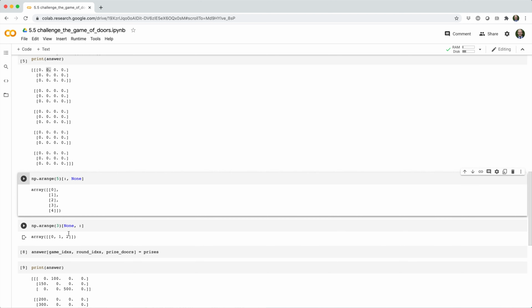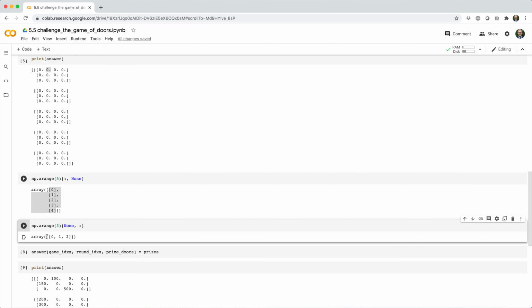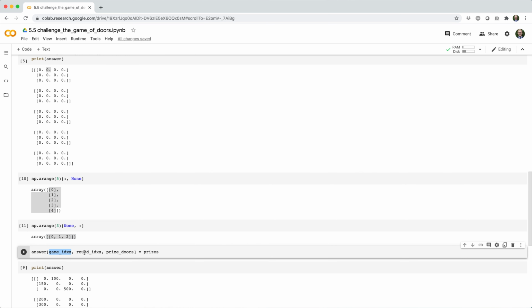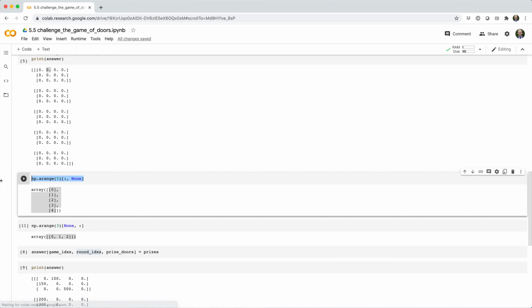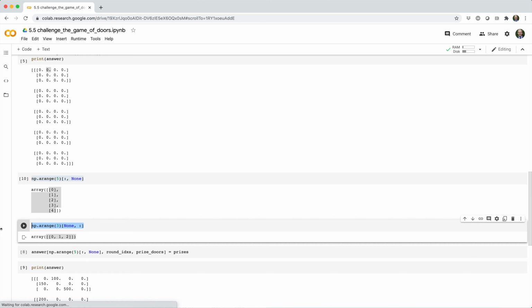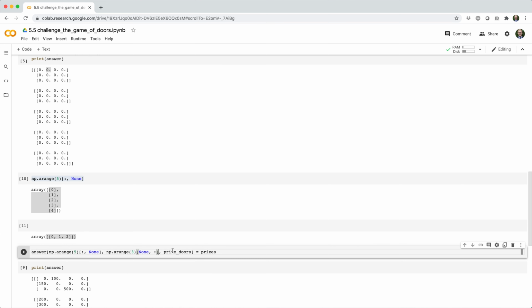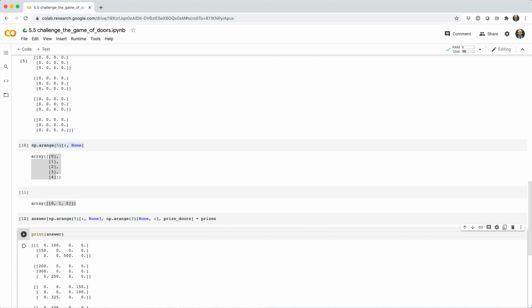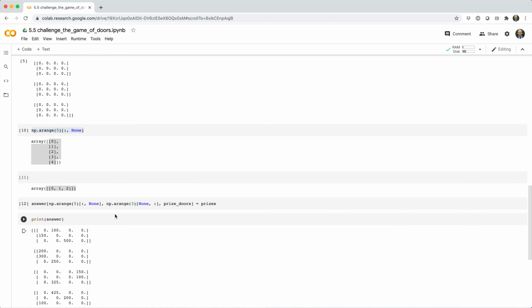So when we pipe these two arrays into the square brackets here, they're going to broadcast, and this column is going to get copied 3 times, and this row is going to get copied 5 times. So they're going to be identical to the game indexes and round index arrays that we set up earlier. But this way it's a little bit more dynamic and easier. So putting it all together gives us my original solution.